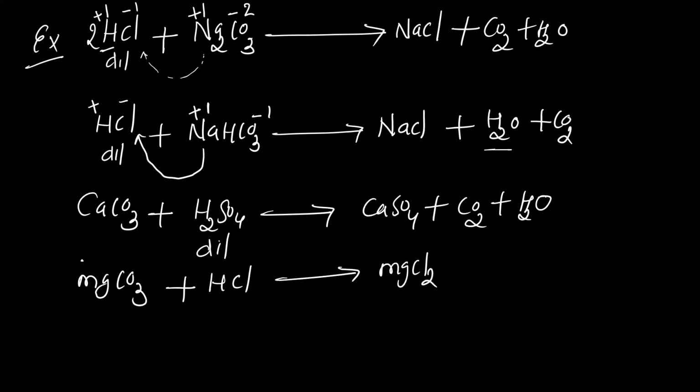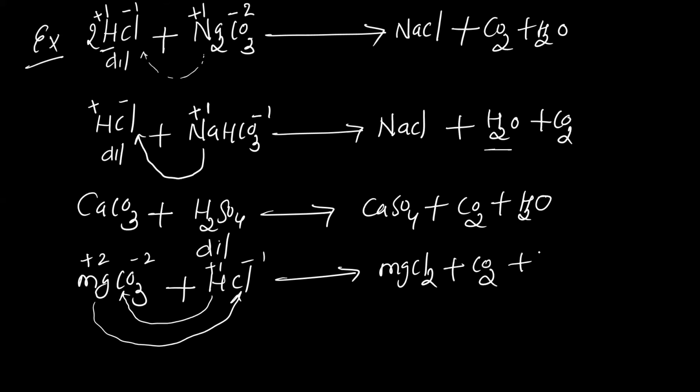Magnesium chloride as a salt. Magnesium is +2, H is +1, Cl is -1, CO3 is -2. So magnesium and chlorine combine to give magnesium chloride. Then H plus CO3 gives carbonic acid, H2CO3, which decomposes to give CO2 plus water.